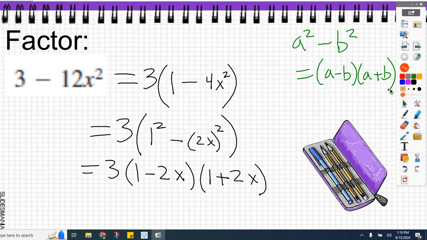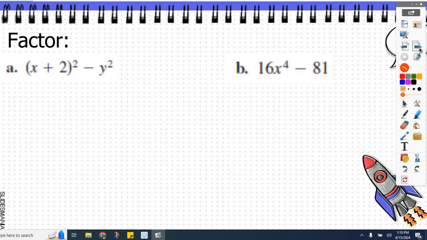Well, we're going to do some more examples with it, so you get to have more practice. Alright, so on this next one, do I still have 2 things that are being squared? Yeah. It's just, again, my x plus 2 is what's being squared this time. So my x plus 2 is acting as my A, and the y is acting as my B. But we can still apply that formula that we have there.